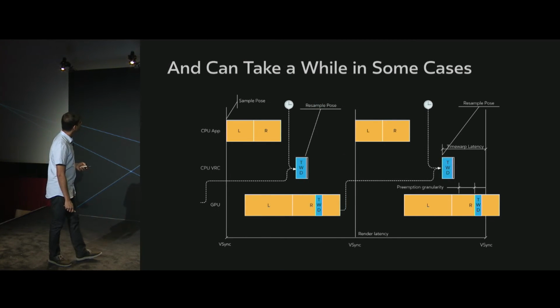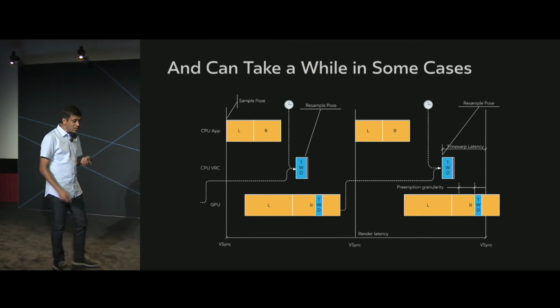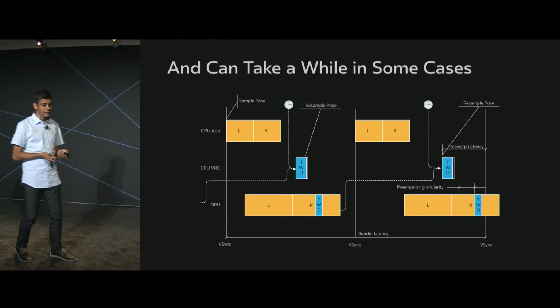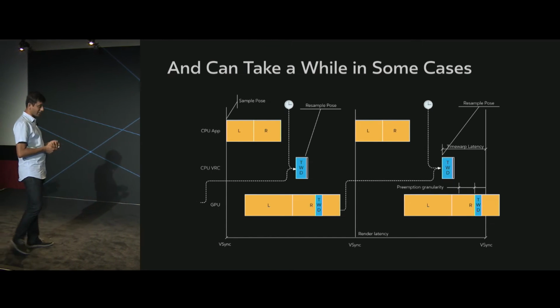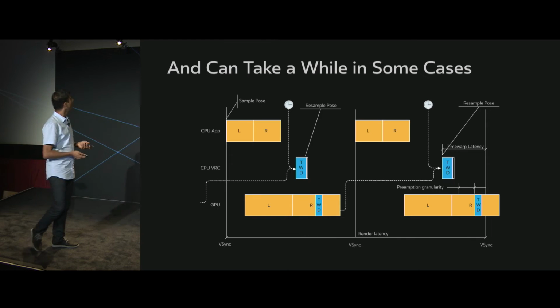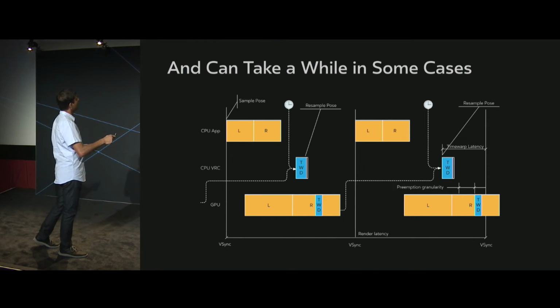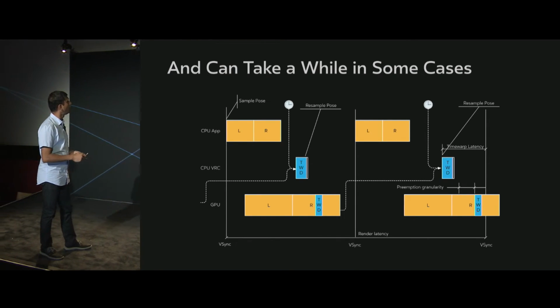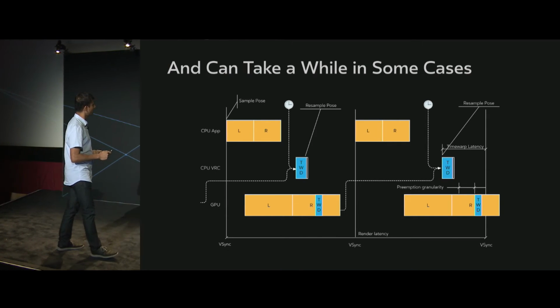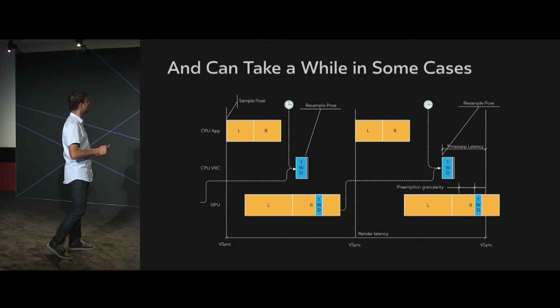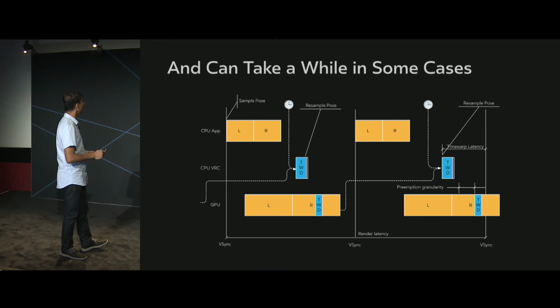And of course, the preemption granularity is not small in many cases. So some GPUs take a really long time to preempt. And so we need to expand that out and pull this quite a bit ahead to make sure that there's a good probability of making sure we can get at least a distorted version of the old frame in.